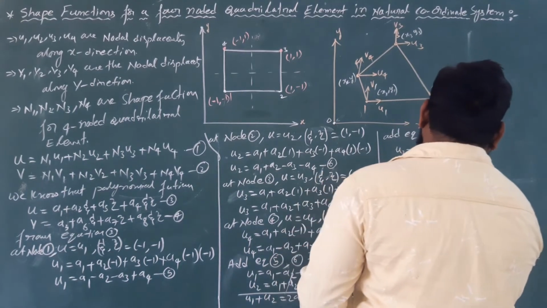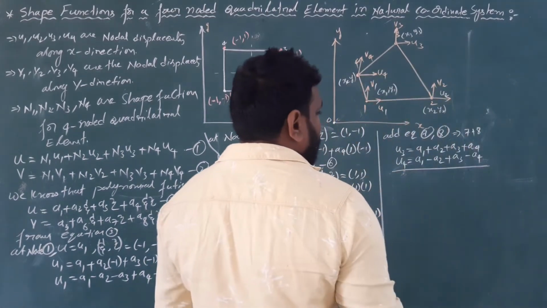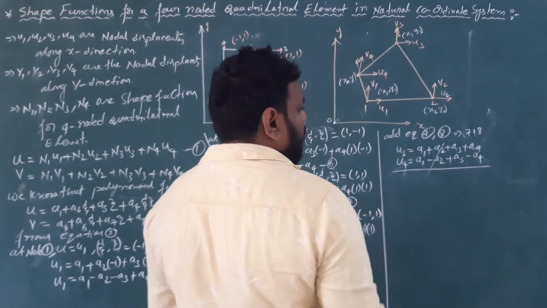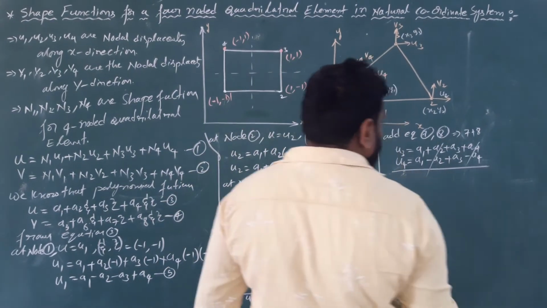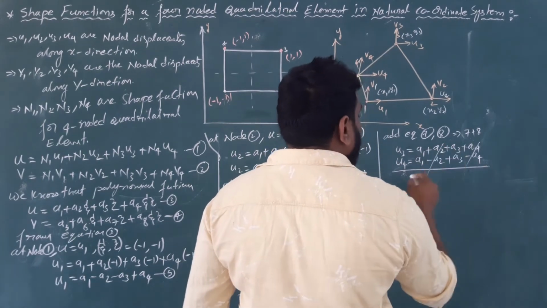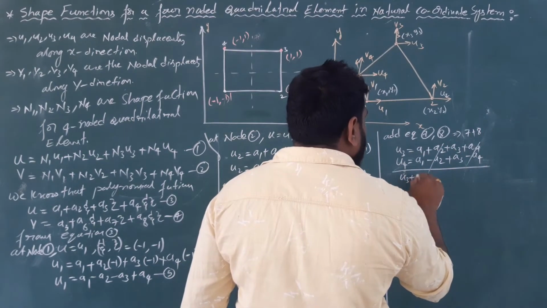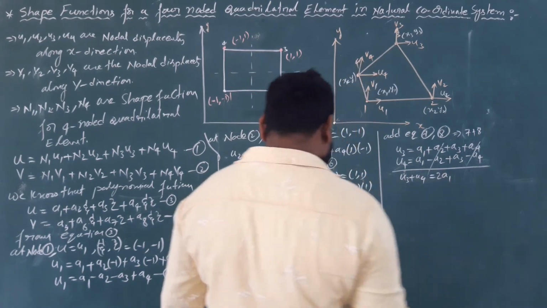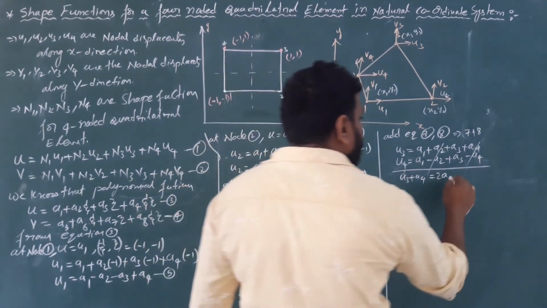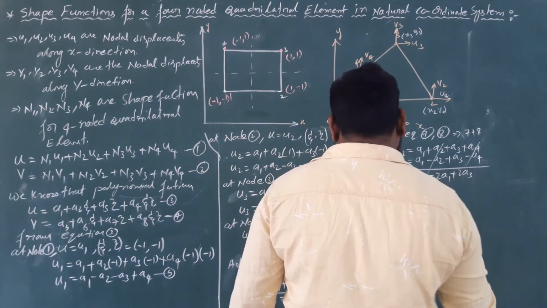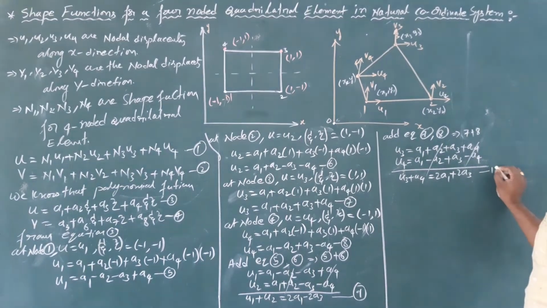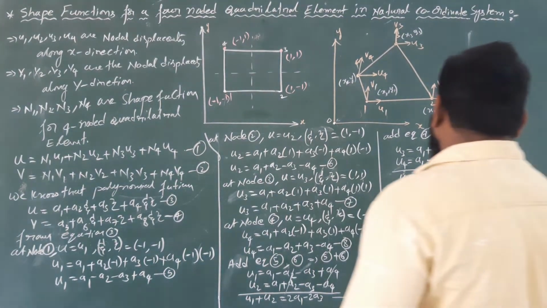After adding, a2 cancels and a4 also cancels. Now we will get u3 plus u4 is equal to 2a1 plus 2a3. This is equation number 10.